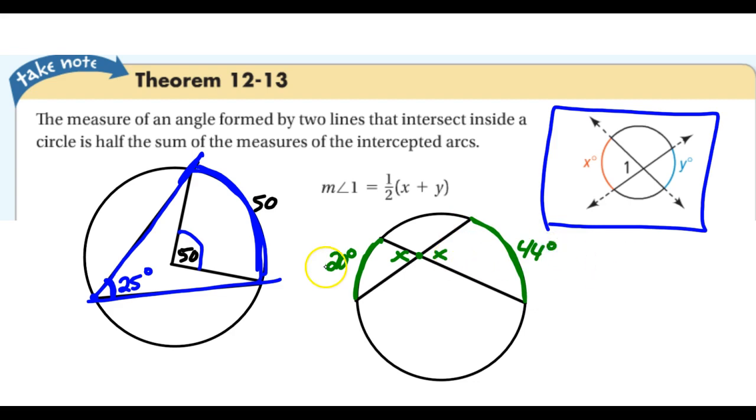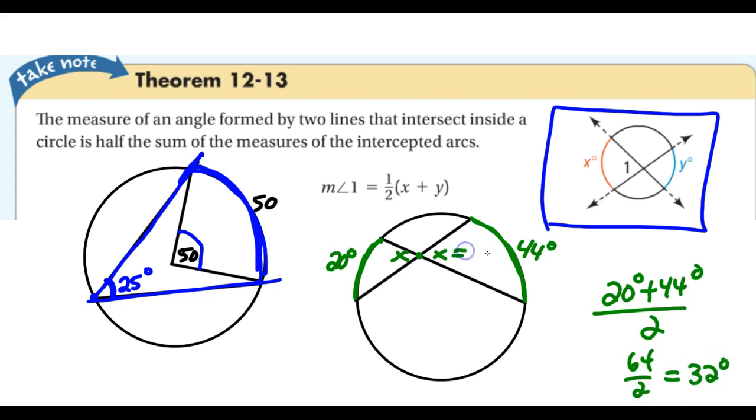Then x will be the average of the two arcs. What do we mean by average? It means add up the arcs, 20 degrees plus 44 degrees, and divide by 2. This gives me 64 over 2, which equals 32 degrees. So both x's are 32 degrees.